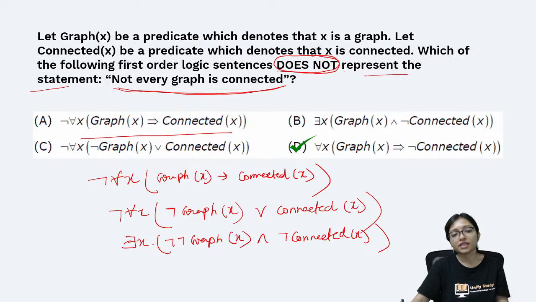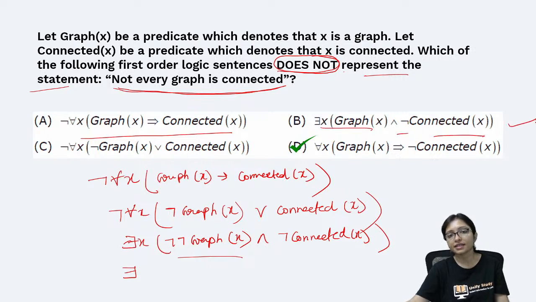So there exists X, not graph and not connected X. I can get it just from here.